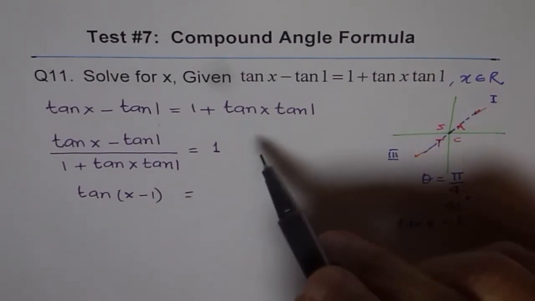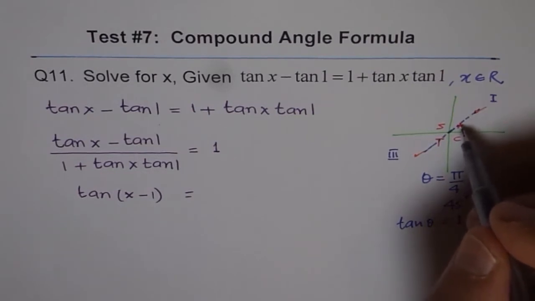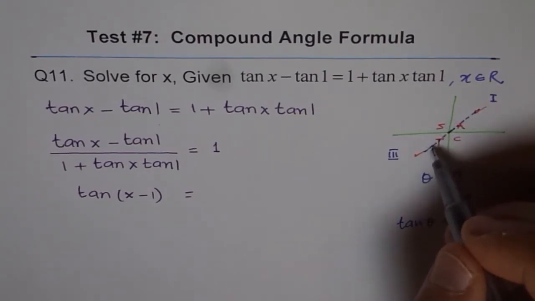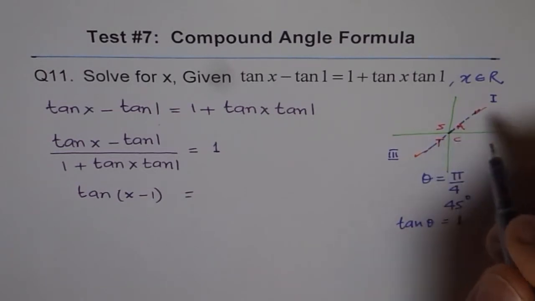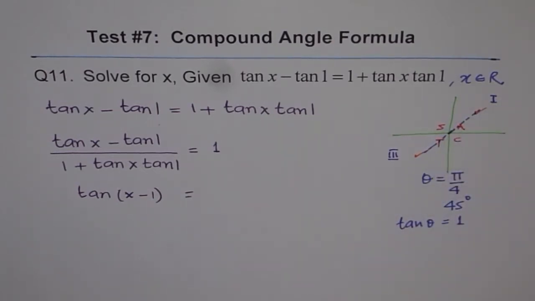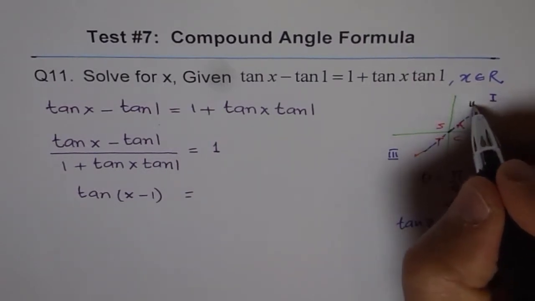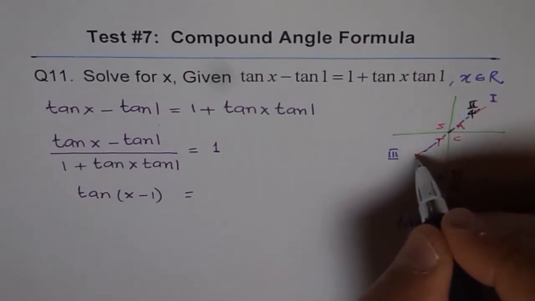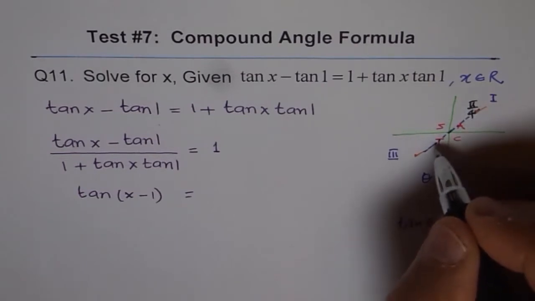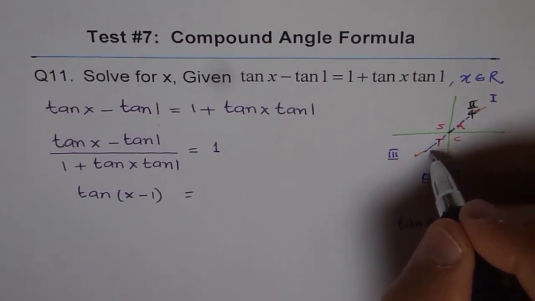Now since tan has a period of pi, it repeats after every pi, right? You see quadrants 1 and 3 are diagonally opposite. So if our first answer is pi by 4, then the second one is pi by 4 plus pi, and then again plus pi.